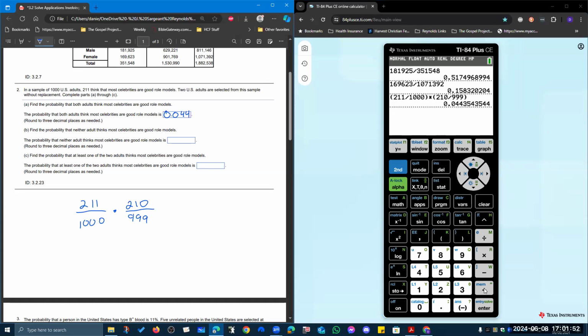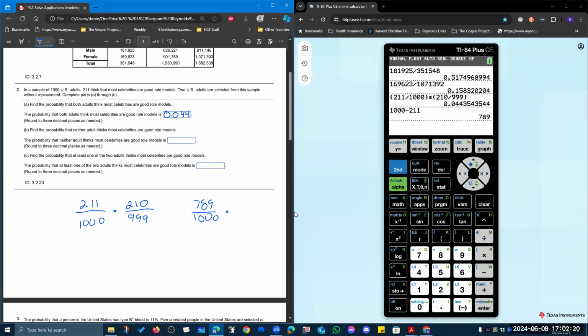Now we want to find the probability that neither thinks that most celebrities are good role models. So let's take the 1,000 minus the 211 to see how many don't think that celebrities are good role models. There's 789 over 1,000 that don't think that celebrities are good role models.